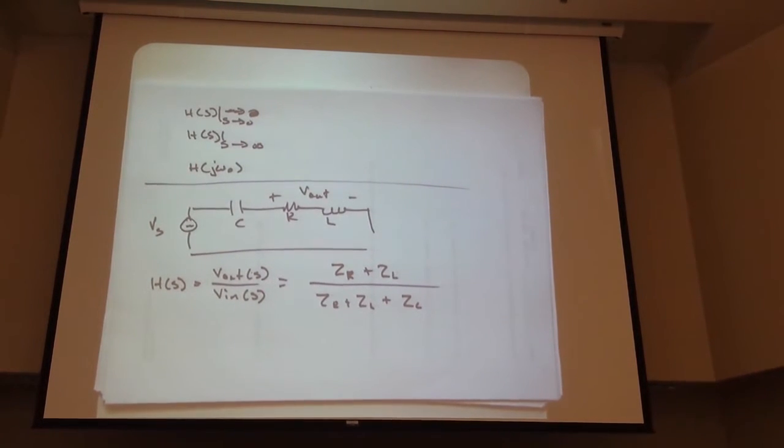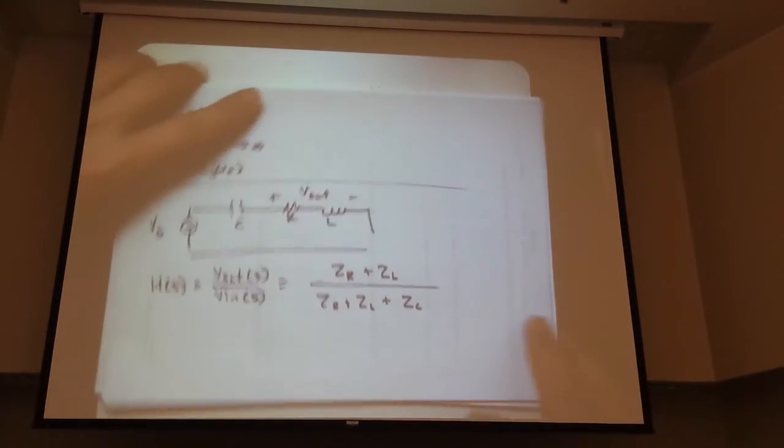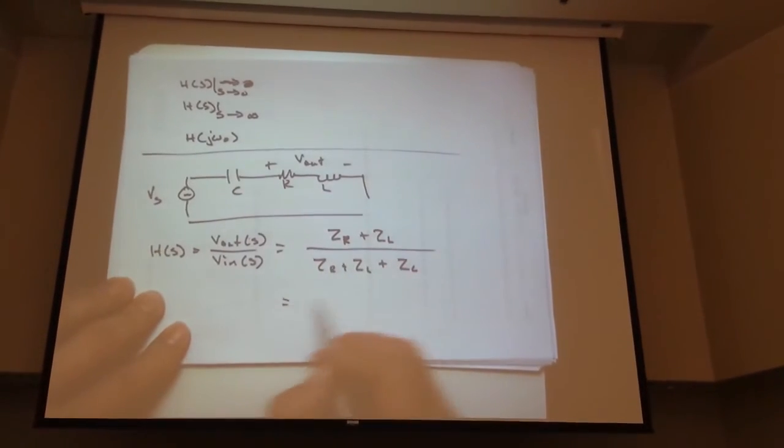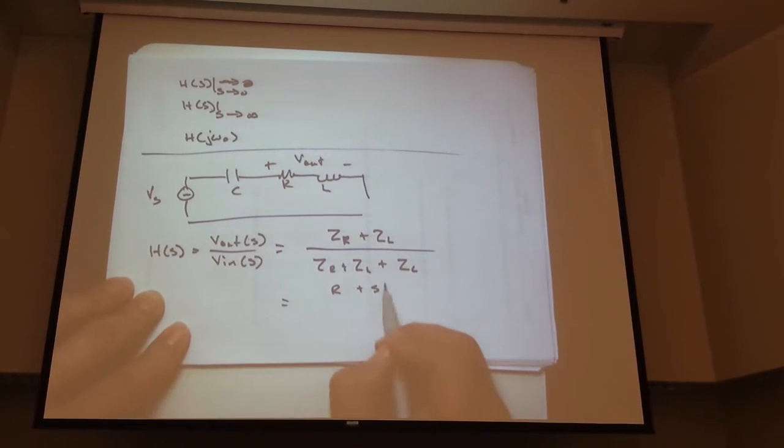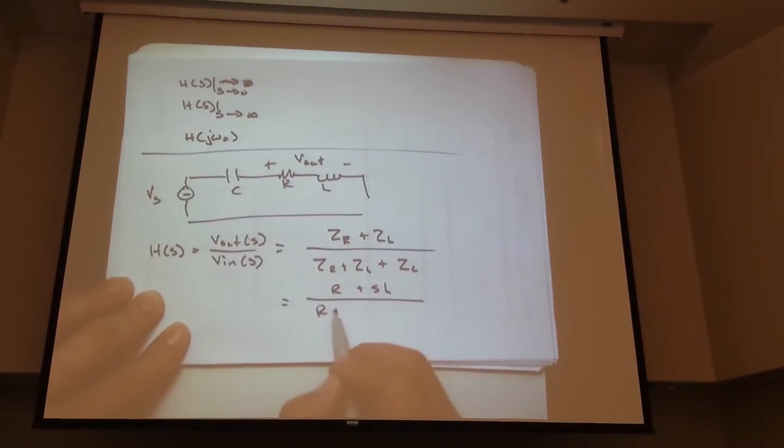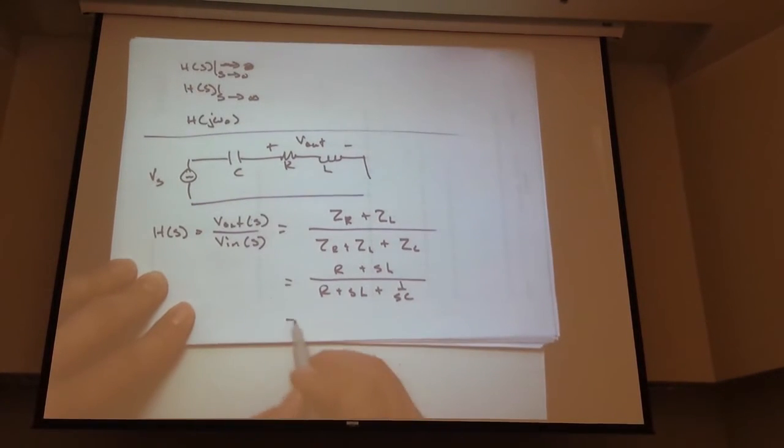And so impedances in series add the total impedance. And now we can plug in R plus SL, R plus SL, plus 1 over SC, and a little bit of rearranging here. S squared LC plus SRC, squeezing this in, S squared LC plus SRC plus 1.